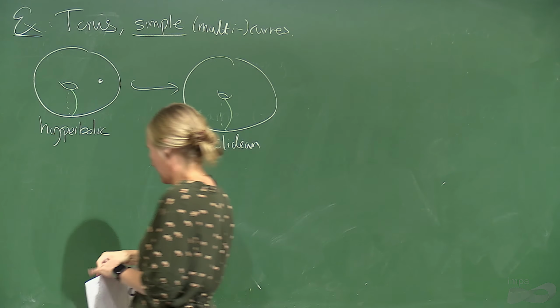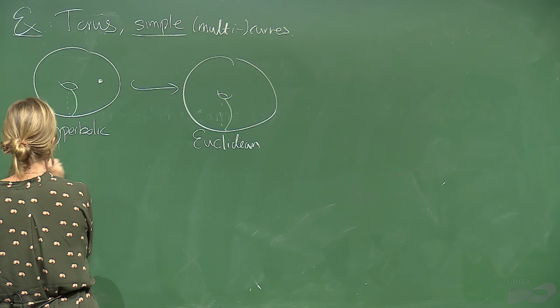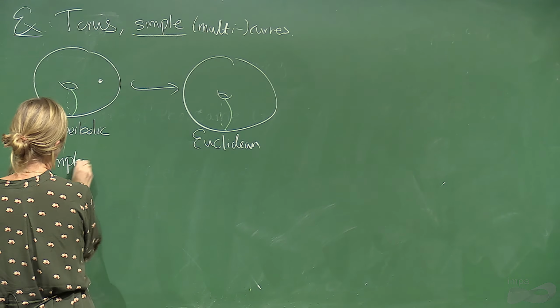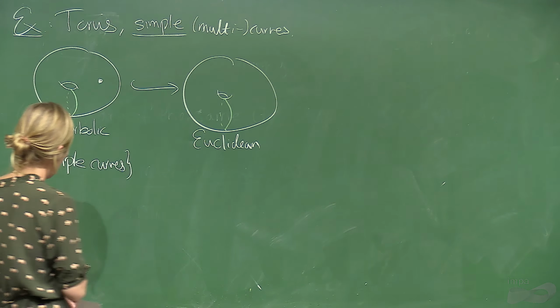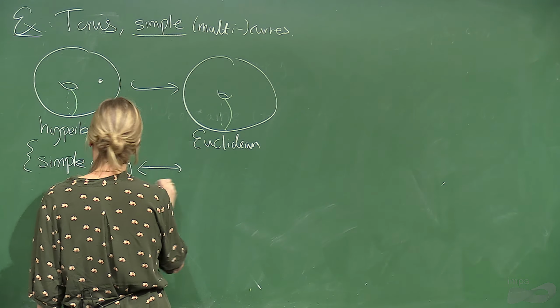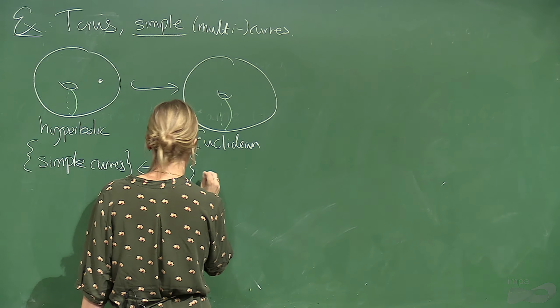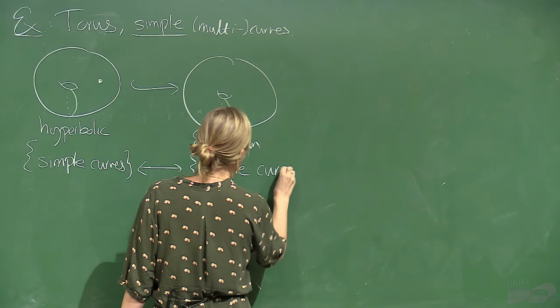So I can get a one-to-one correspondence between simple curves, at least if I think of them as homotopy classes of simple curves.